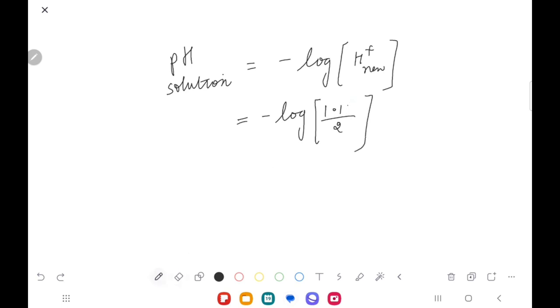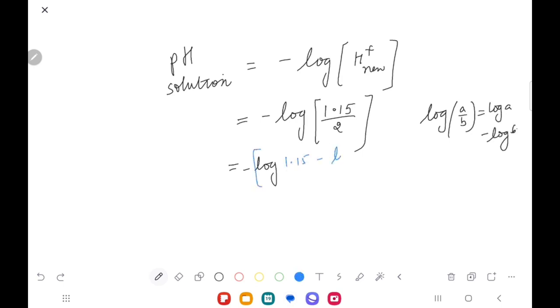Do you understand my point? Yes. So minus log of A over B becomes what? Log A over B becomes log A minus log B. So log 1.15 minus log 2, isn't it?